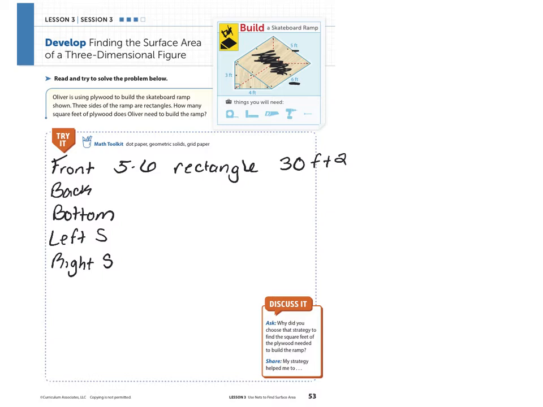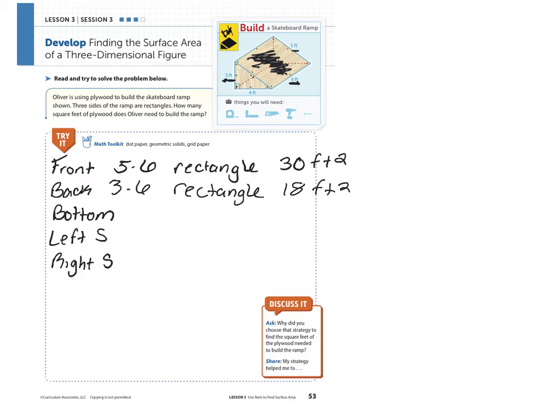My back side here is going to be a 3 by 6 because this red dot here matches here. So it's a 3 by 6. It is still a rectangle. So base times height, 18 feet squared.